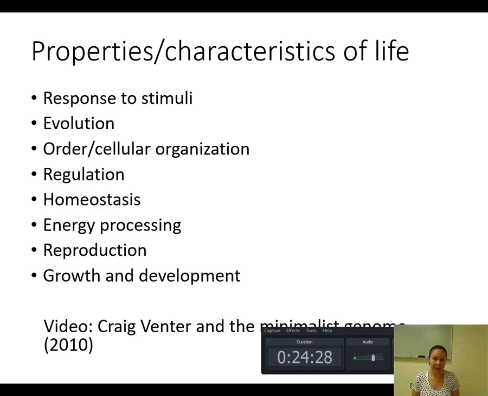A great example of this is the evolution of bacteria for antibiotic resistance. Order, or cellular organization. You have to be made up of cells. That's a requirement of life. If you think about different living organisms, bacteria are made of cells, plants are made of cells, humans and other animals are made of cells. Interestingly, viruses are not considered living things because they are not made up of cells.